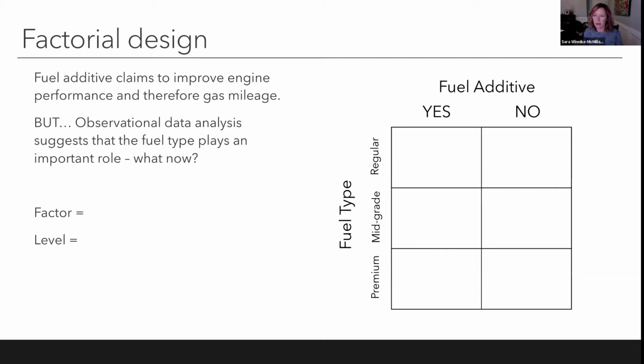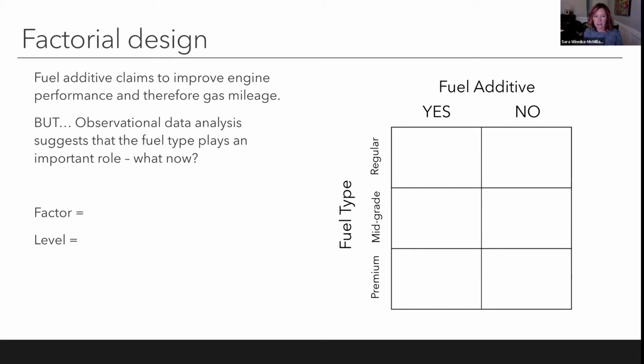Close. Does anyone else have an idea? Think of the treatment as one of these little blocks. So that is your treatment. So the treatment in this case could be, Elissa, do you want to modify your answer?